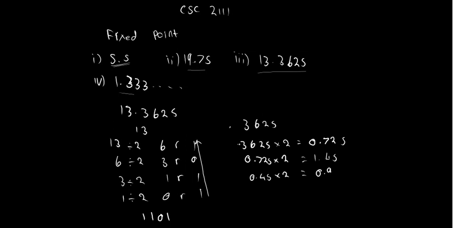Then 0.9 times 2 is 1.8. 0.8 times 2 is then going to be 1.6. These get rather long.